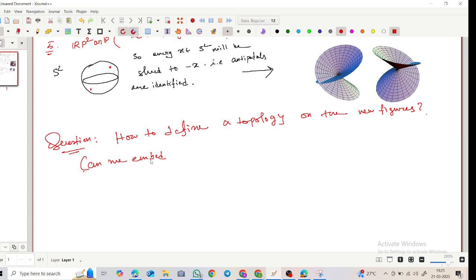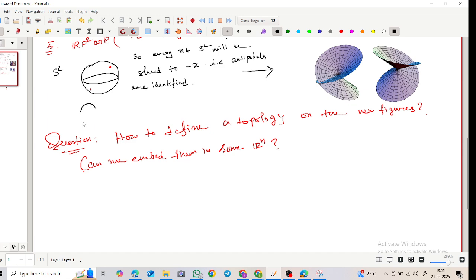That won't be. I mean, because there is again, how can I say that? Wait a minute. How can we embed them in some Rn? So first of all, you see the problem is that, so first you do this.